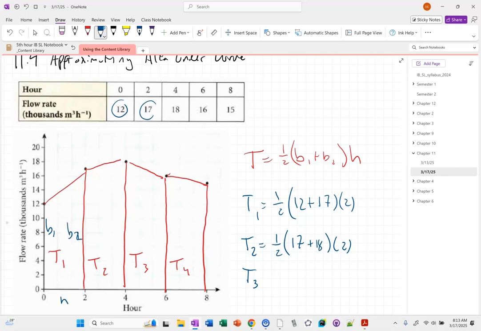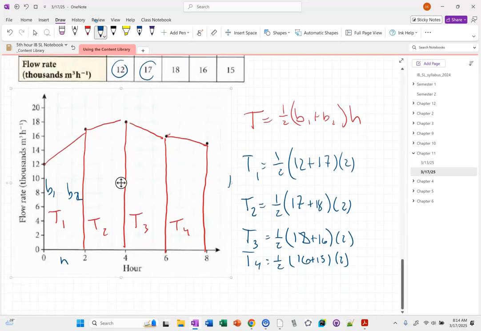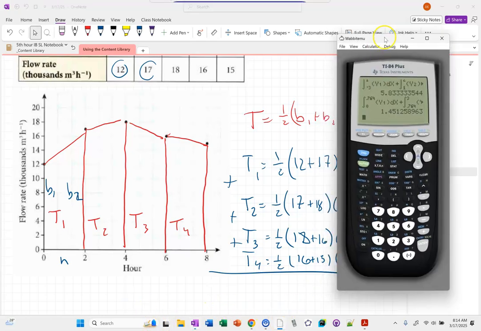So that's what I really did on T1. So there's T2. There's T3. And there's T4. It's okay. And then we'll just add up those guys together in our calculator, and that'll give me my area.